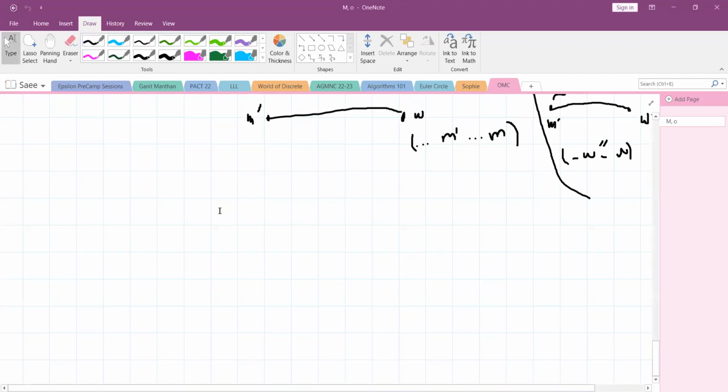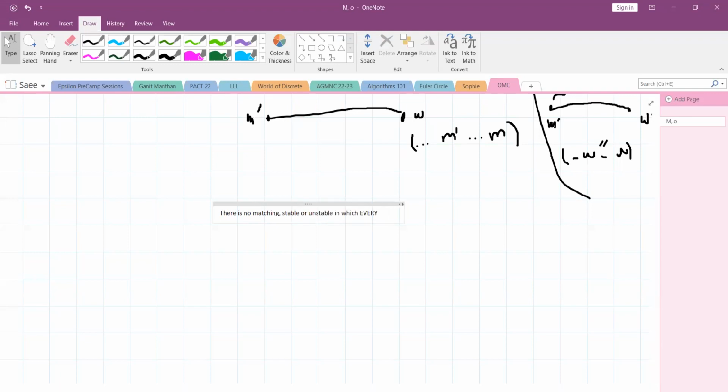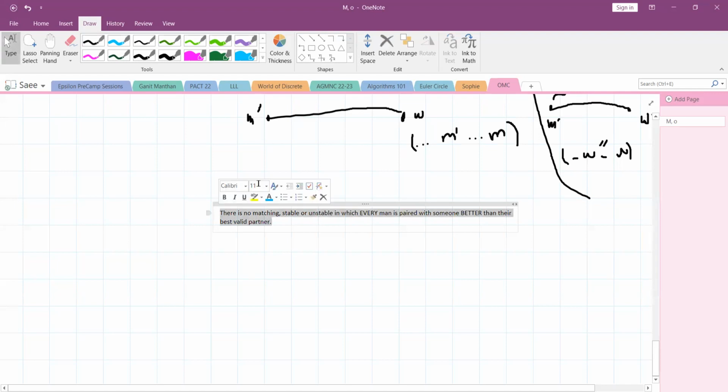Maybe I could just write this down, since it's kind of complicated to say in the head. There is no matching, stable or unstable, in which every man is paired with someone better than their best valid partner.